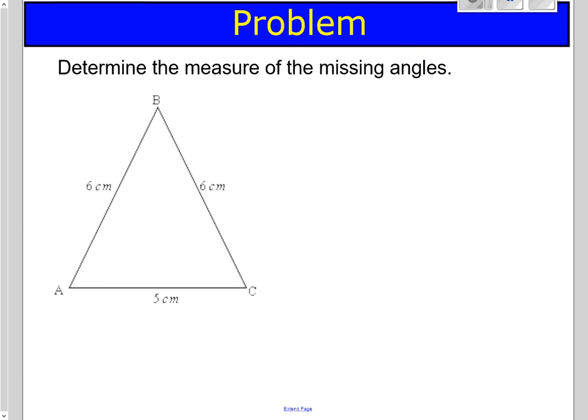Okay. Ooh, so we want to find the missing angles. We're given these three sides and no angles, so that's a problem. The other problem is that our primary trig ratios only work with right triangles. And this is not a right triangle for sure, looking at it.